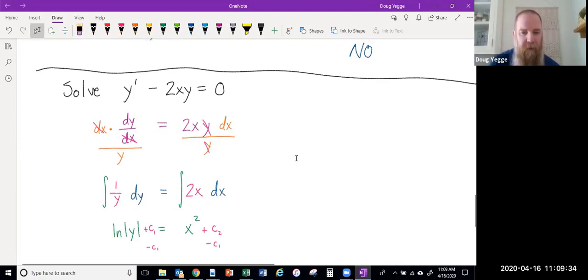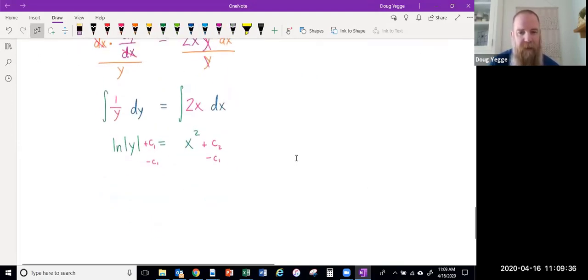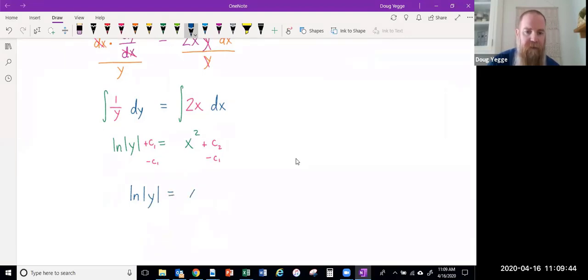So doesn't that mean that I really just have a constant on one side now? So the standard way to do it is just don't even bother to do that on both sides. Just put the plus c on the x side. Okay? So I could really just bypass this whole step by integrating the left side, integrating the right side, and just putting a plus c on the right.